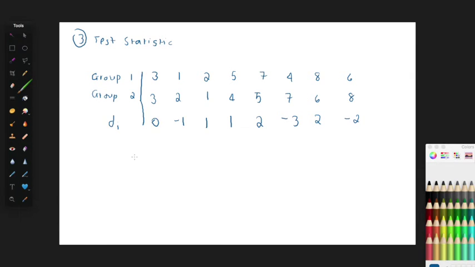And then remember, we need to take the square of that because the formula is asking for the sum of squares. So that will be 0, 1, 1, 1, 4, 9, 4, 4.